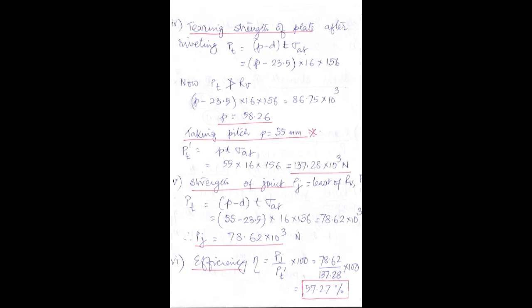The expression of PT we write on the left hand side, and on the right hand side we write the rivet value. But please remember, here we will write the value in Newton, because on the left hand side everything is in Newton and millimeter. So the right hand side also we will write in Newton.